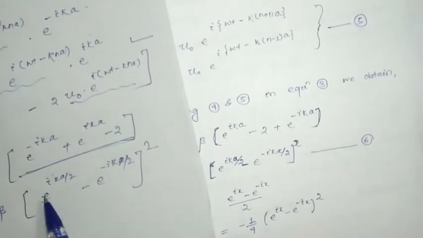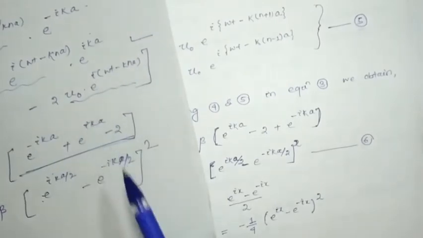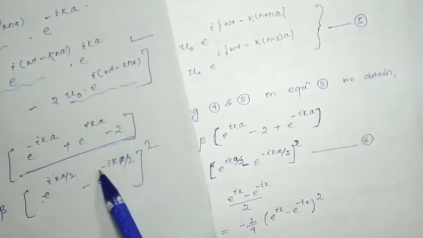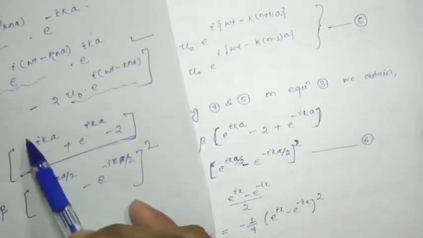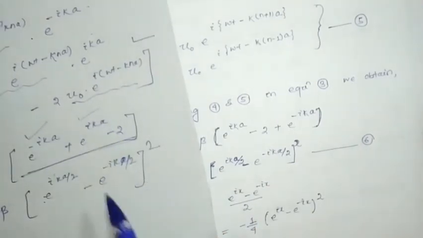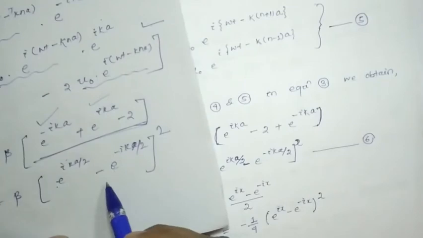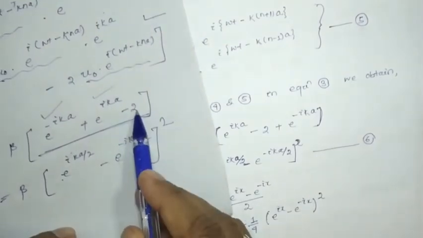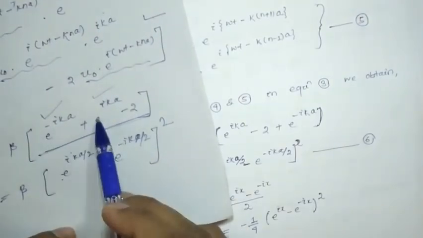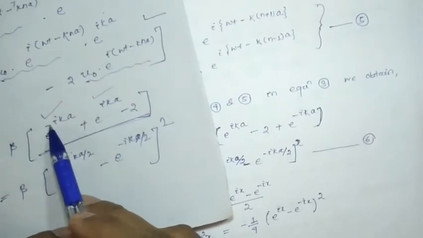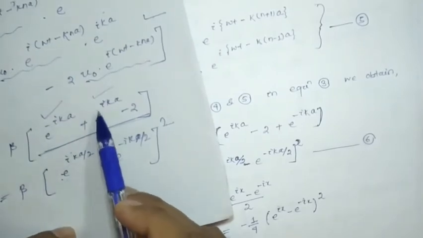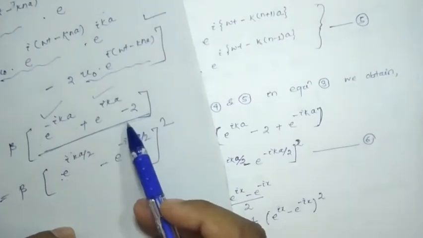This a square means e to the power ika, b square means e to the power minus ika, and minus 2 into a into b. A into b means e to the power minus ika into e to the power plus ika, so e to the power 0 equals 1.